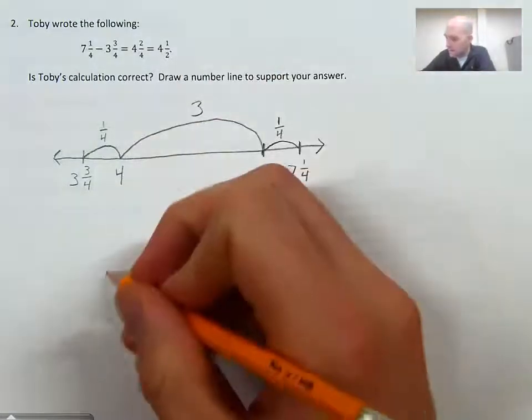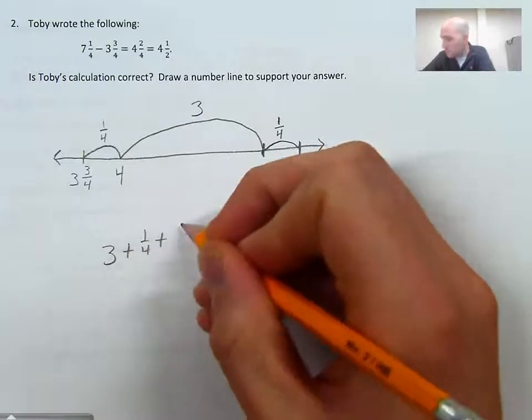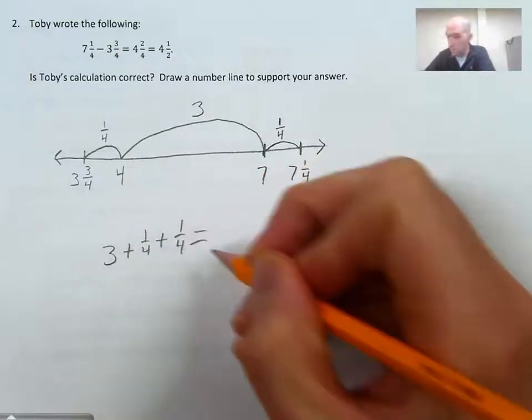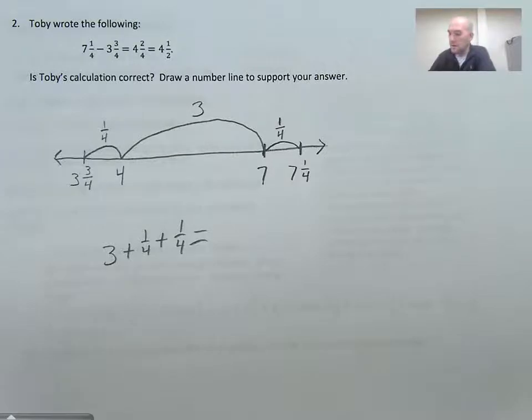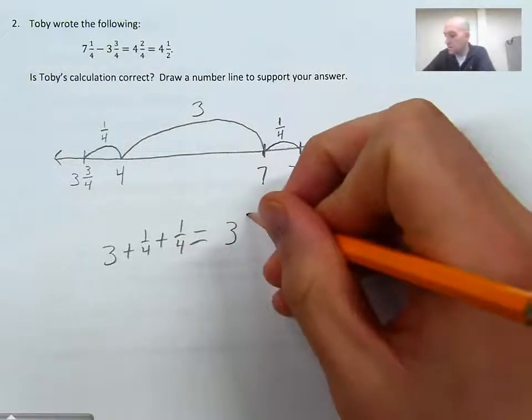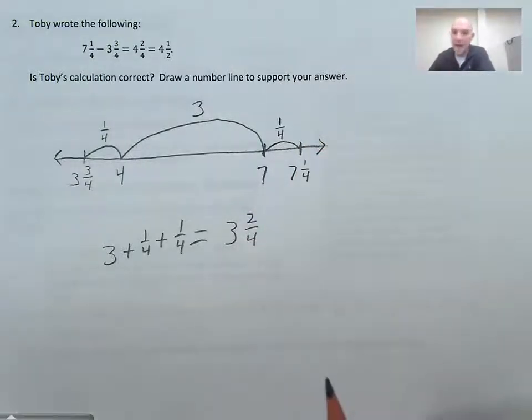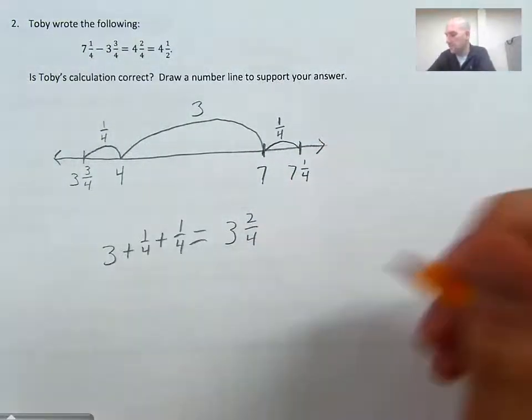So now I need to add all these together. I have 3 plus 1/4 plus 1/4 equals, and we can already see that we have 3 2/4. And 2/4 is equivalent to 1/2. I can divide each by 2.